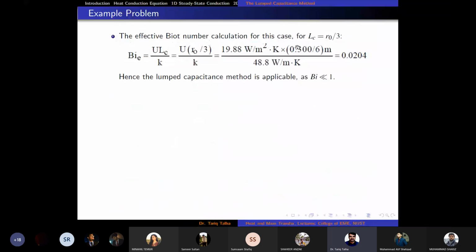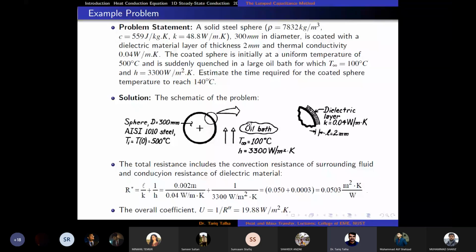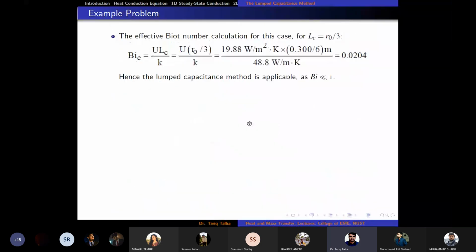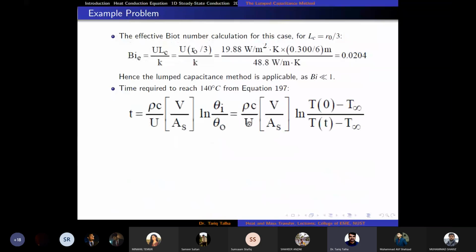They have written it in terms of diameter, so diameter divided by 6, or it can be 0.15 divided by 3, divided by the k value. Now this k value is for the steel, from where the heat is being transferred by conduction. So that value is here.